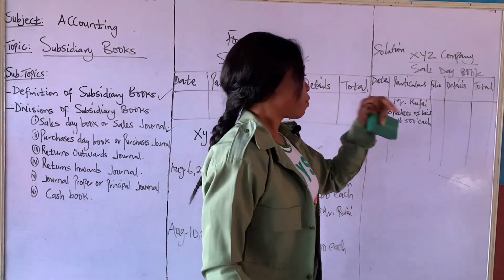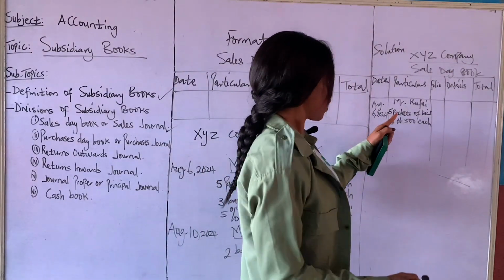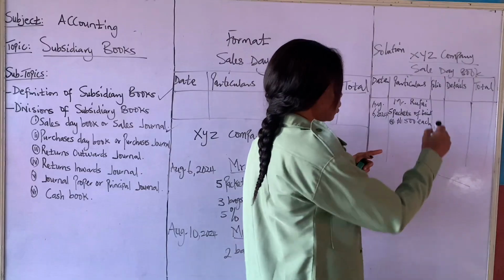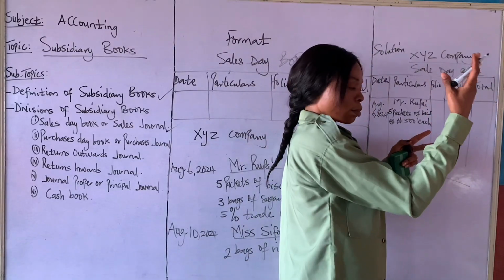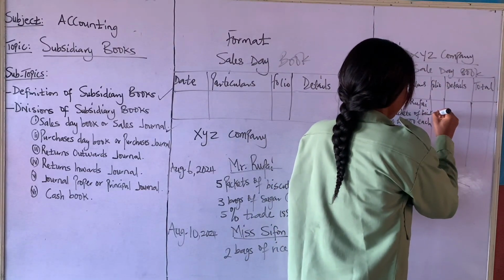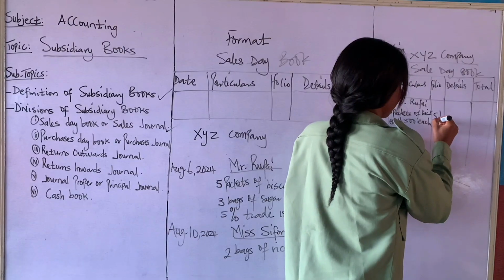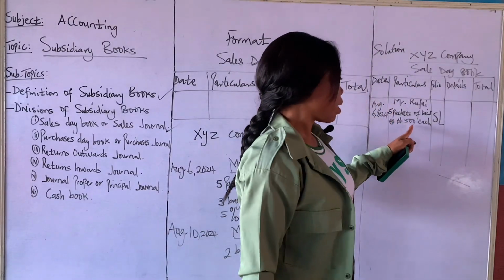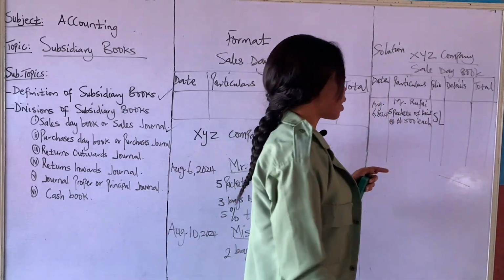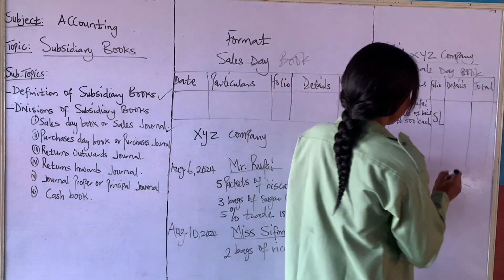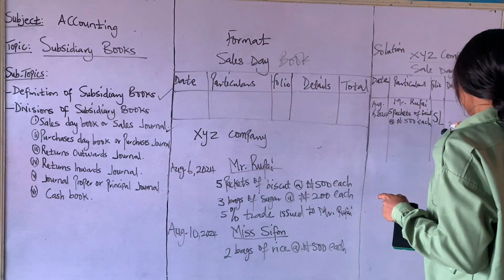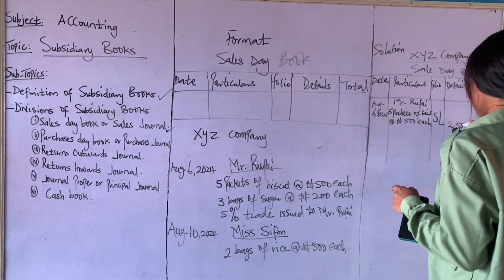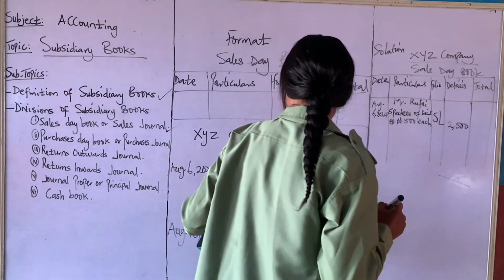And how do you get the figure? Let's assume we are posting this today. For the sales ledger, just come here and write SL. You just say 5 times 500, that gives you 2,500. Bring it here. Okay, the next transaction.